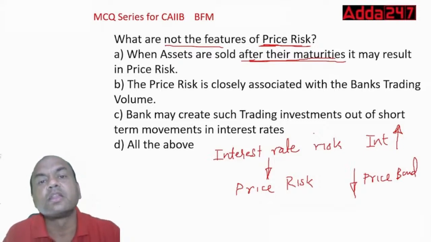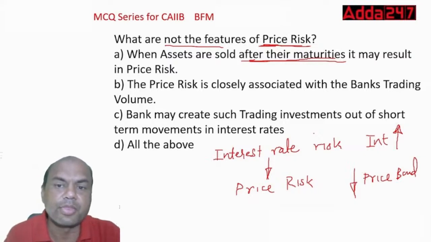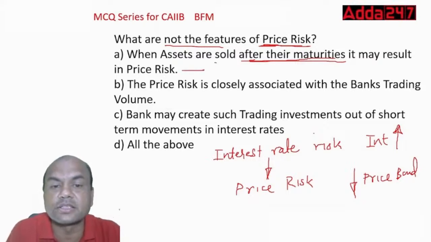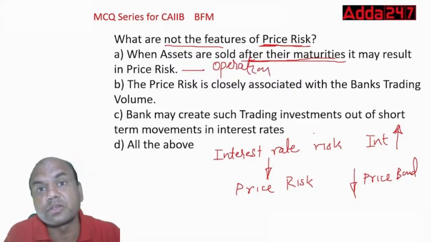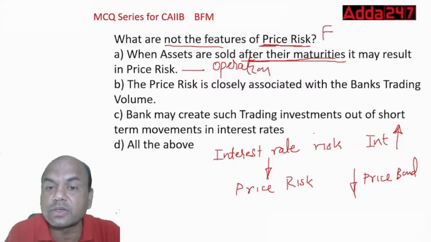When I take it is a separate aspect altogether. Price risk exists only up to the maturity. This is known as operations risk. If you hold the bonds after maturity, it means your operations team is not working properly. So this is not a feature of price risk. This is the false one.